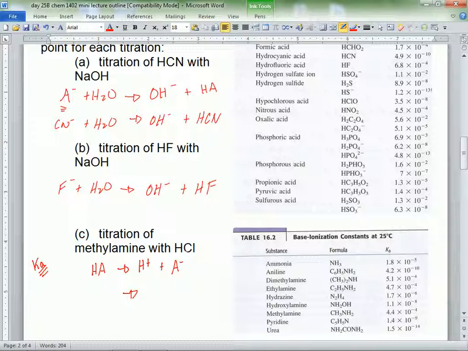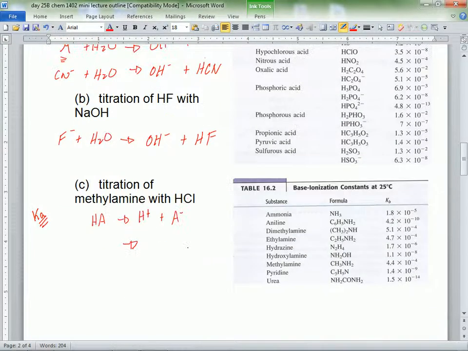Okay, now she grabbed the CH3NH2. Is that right? Does everybody agree? You have to put an H in front. So either put an H in front or make that an NH3. Either one would work. We've got to make that the conjugate acid.